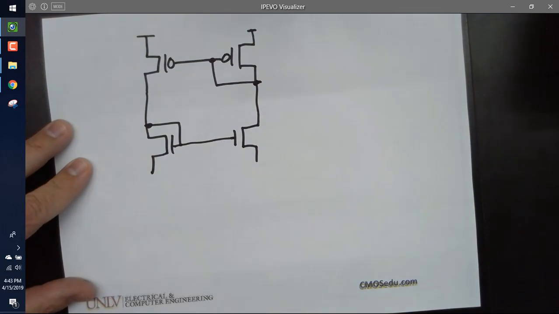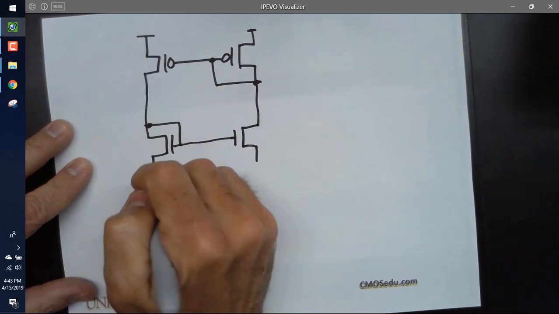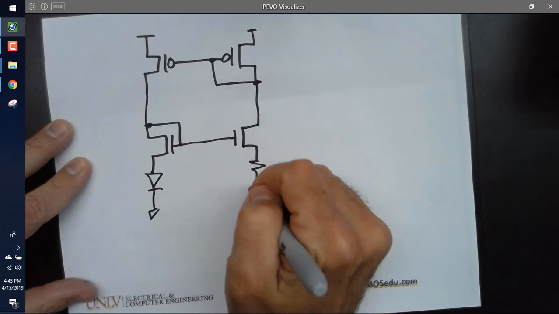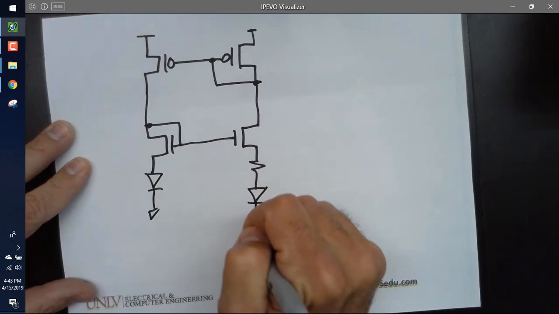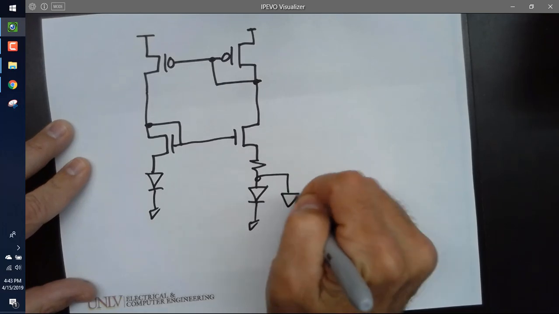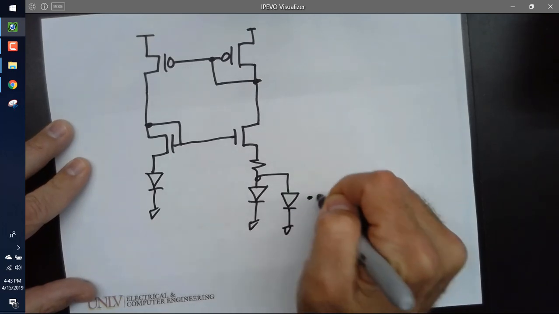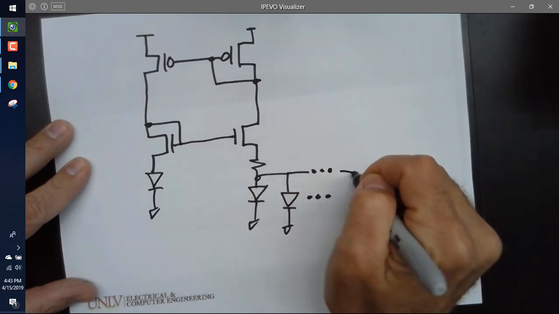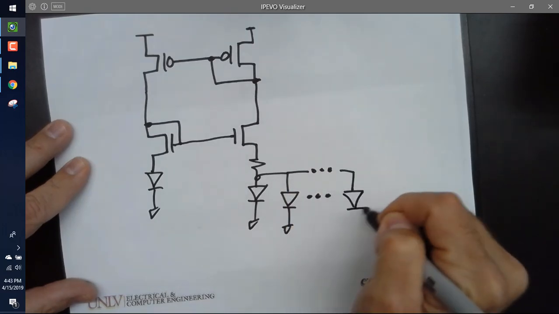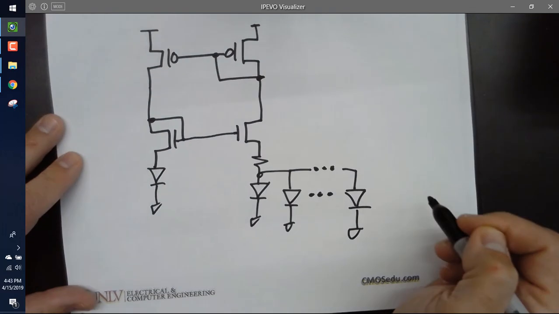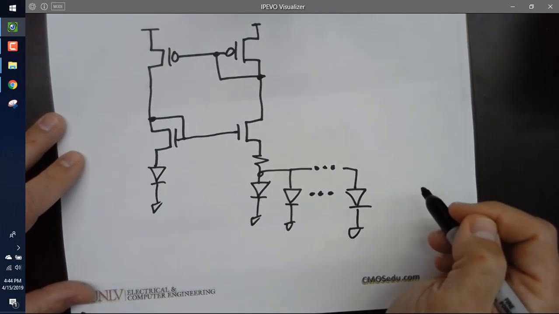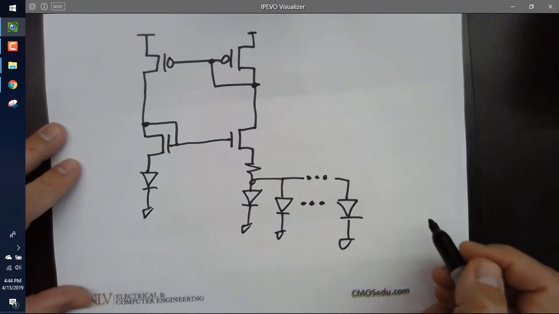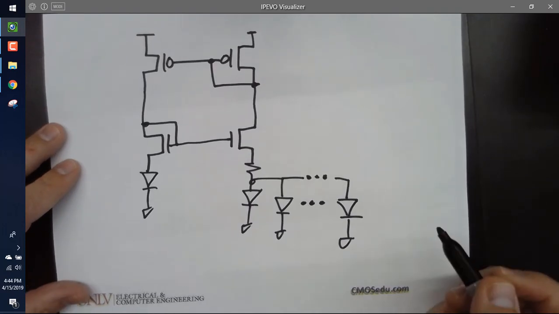Okay, so let's do the following. Is this bringing back nightmares for you? Yeah. What's that? 320? You didn't learn this in 320.